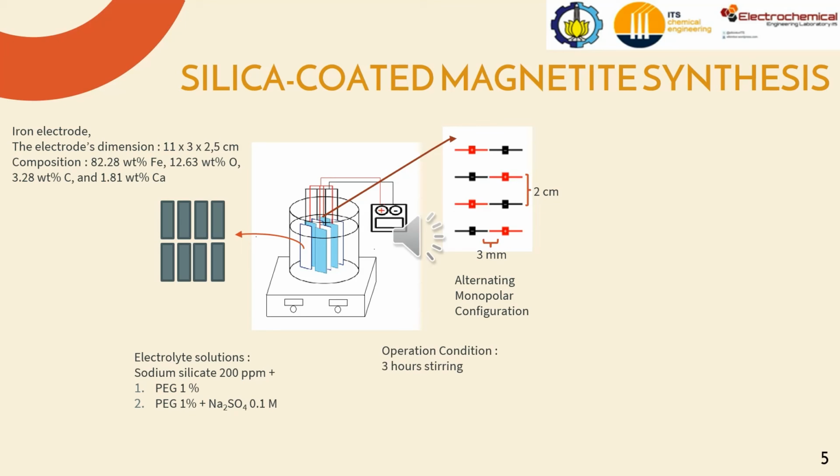We use iron as electrode. The electrode dimension was 11 times 3 times 2.5 cm with the composition 82.28 Fe, 12.630, 3.28 C, and 1.81 Ca.